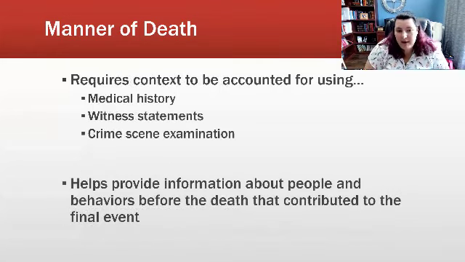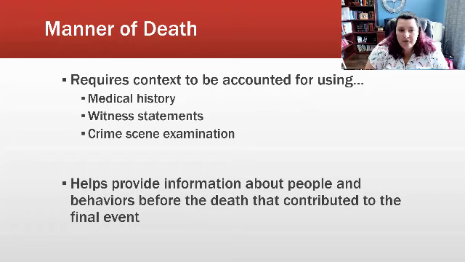Like cause and mechanism of death, forensic pathologists use the autopsy results to help determine the manner of death. However, manner of death conclusions often require additional contextual information. Manner of death investigations usually include supplemental data like the person's medical history, witness statements, and the crime scene investigation results.